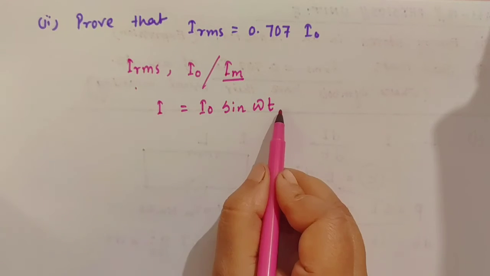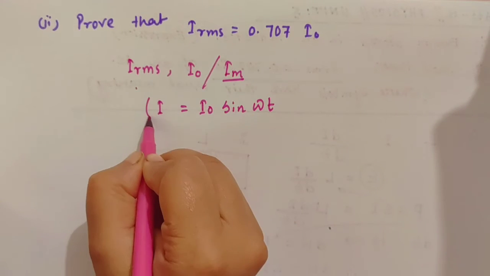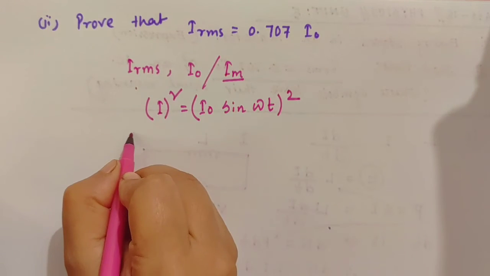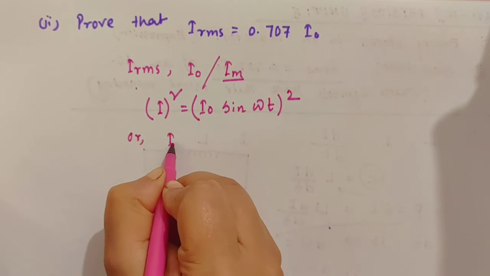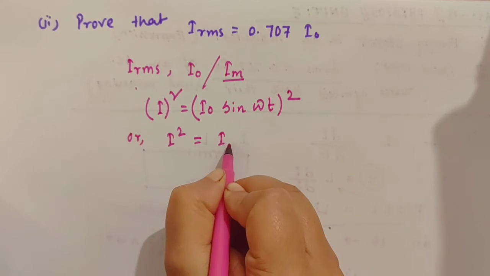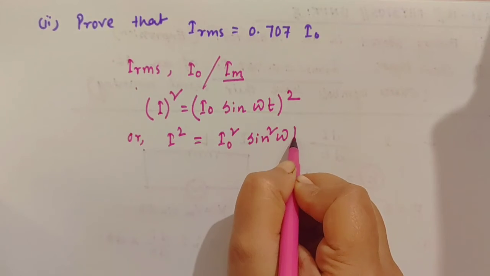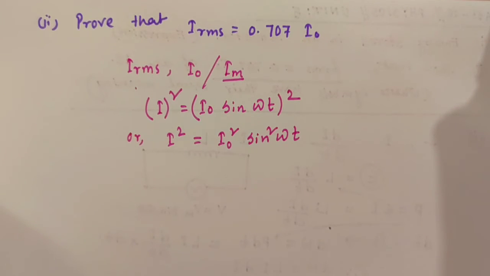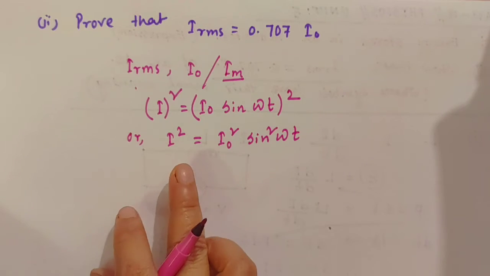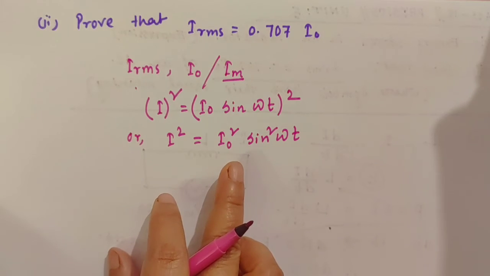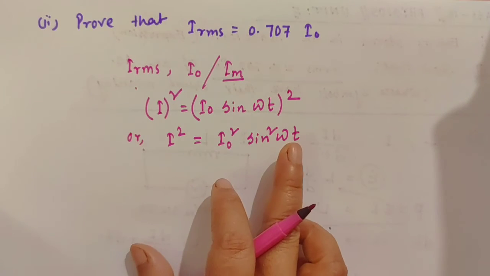So if we square this, what do we get? Squaring both sides, I square is equal to I naught square sine square omega t. Now the average value of I square is related to the average value of sine square omega t.